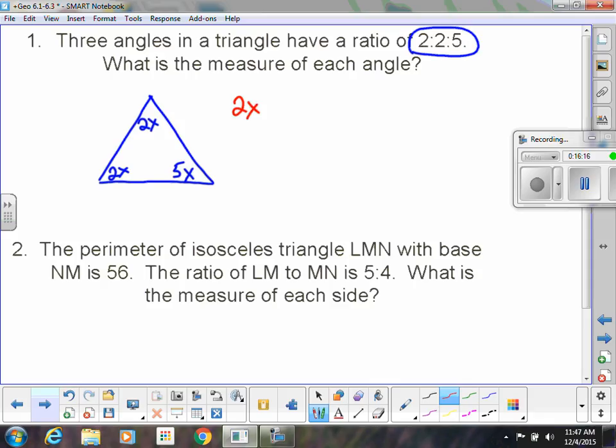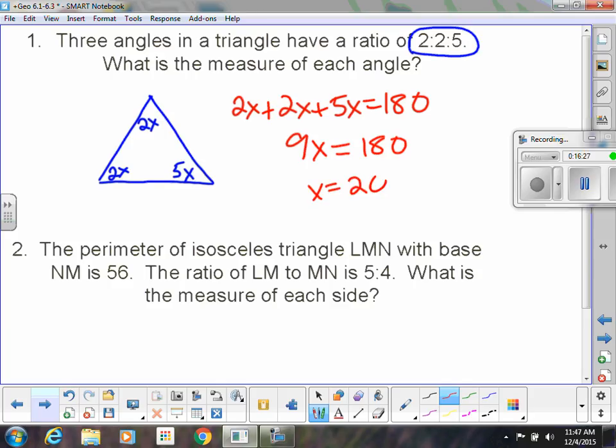So 2x plus 2x plus 5x equals 180. All of those combine to equal 9x. So x is equal to 20. So that means that these angles right here are each 40 degrees. And then this one right here is 100 degrees if you plug x back in there.